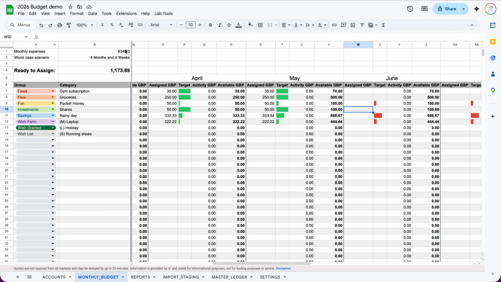So this is saying every month you are spending £634 and you would last 4 months and 4 weeks, and that's quite accurate.